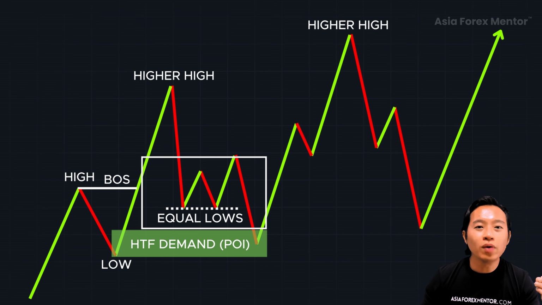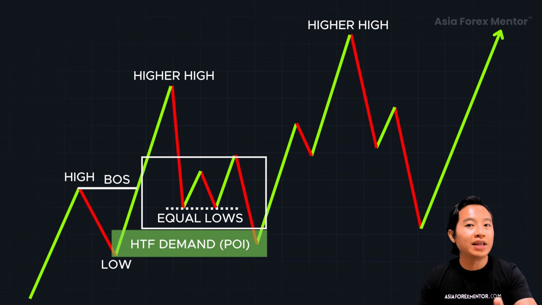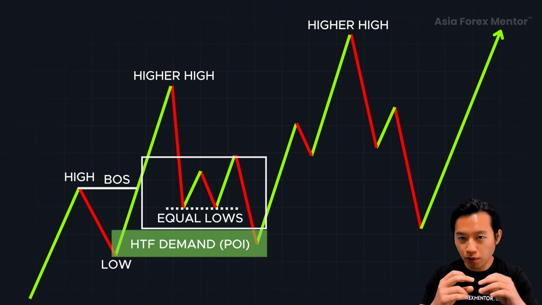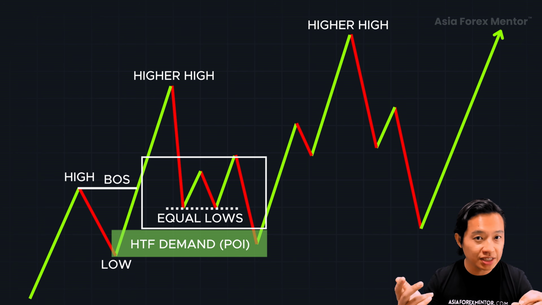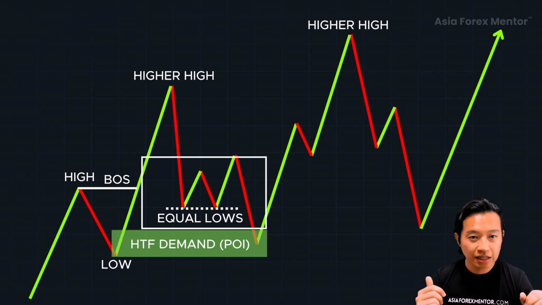We want to see the price sweep the internal liquidity that is accumulated below these equal lows. This liquidity zone is formed by the stop losses of traders who entered long positions thinking that the price pullback had ended.